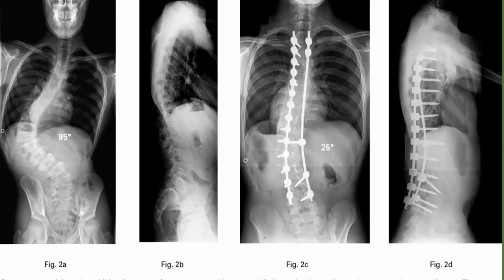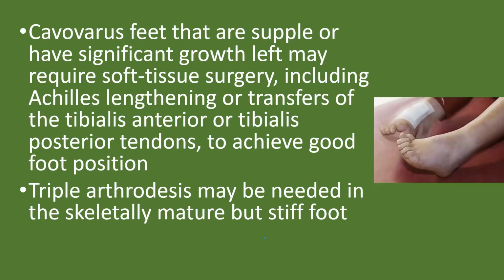Feet that are supple or have significant growth left may require soft tissue surgery, including Achilles tendon lengthening or transfers of the tibialis anterior or tibialis posterior tendons to achieve good foot position. Triple arthrodesis may be needed in a skeletally mature but stiff foot.